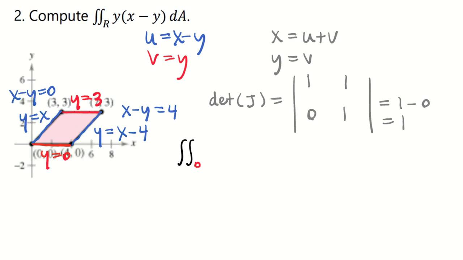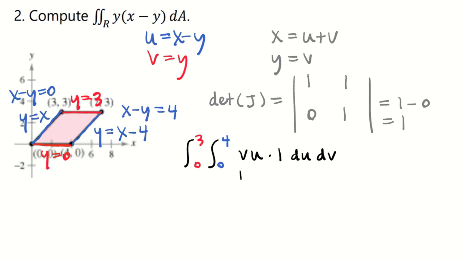And it does not matter, so I guess I'll just do 0, 3. Maybe I'll do that on the outside. 0 to 3, u is x minus y, and that's going from 0 to 4. And then y, that's v, and x minus y, that's u. And then blue is u, so I need to do du, but it's times the absolute value of J, which is just going to be 1. So I might even put in there du and then dv.